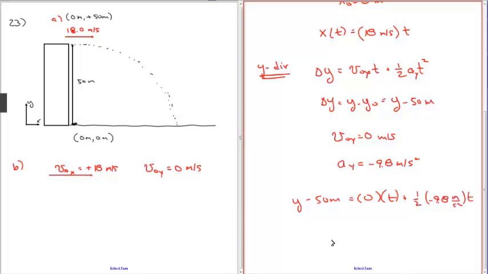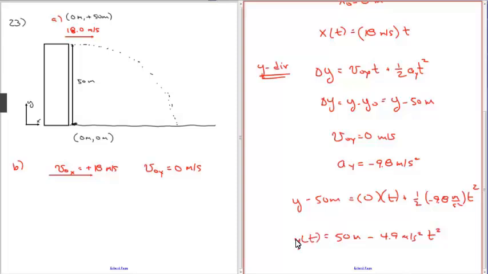This drops out, and so we get the final number. y is equal to, if we add 50 to both sides, 50 meters minus half of 9.8, which is 4.9 meters per second squared, times the time squared. I forgot the squared here. So that is the equation for the position of the stone, the x position and the y position. y of t right here.